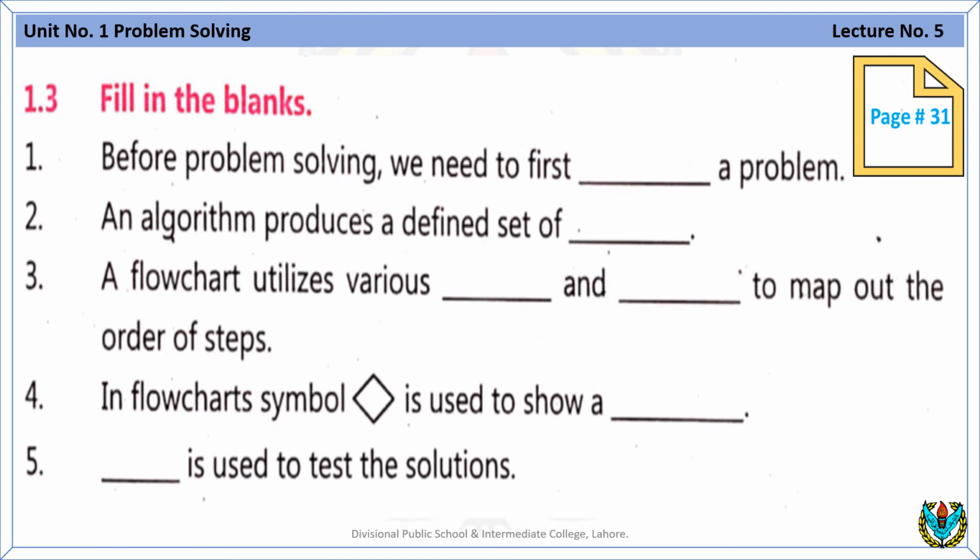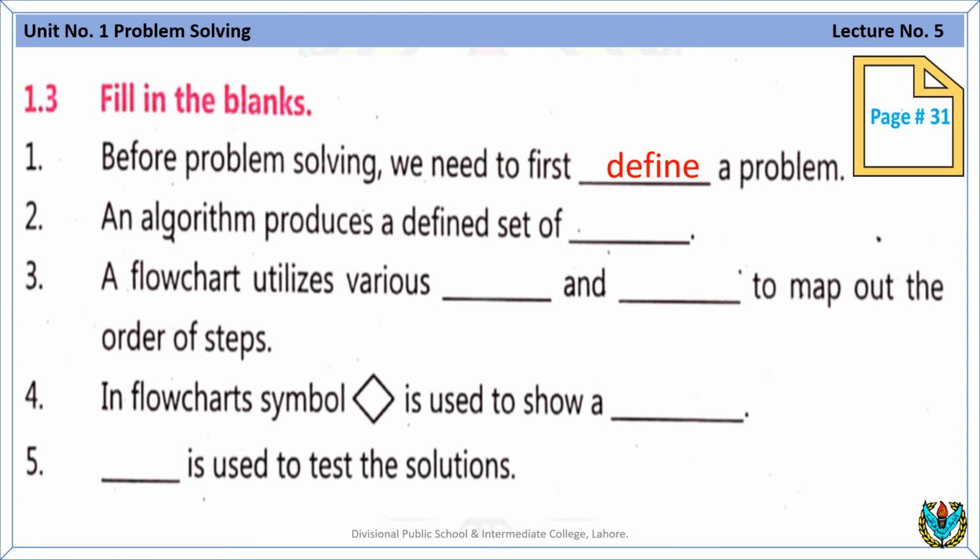Fill in the blanks. Number 1. Before problem solving, we need to first dash a problem. Answer is, before problem solving, we need to first define a problem. Number 2, an algorithm produces a defined set of dash.